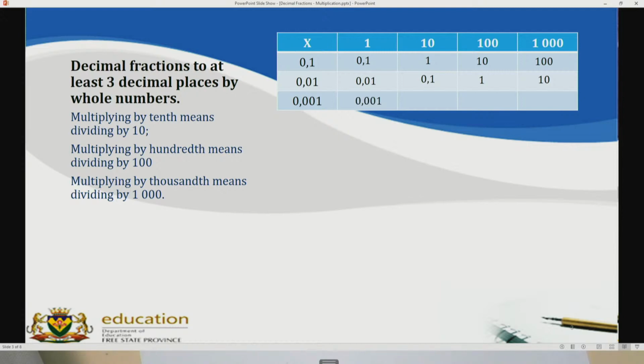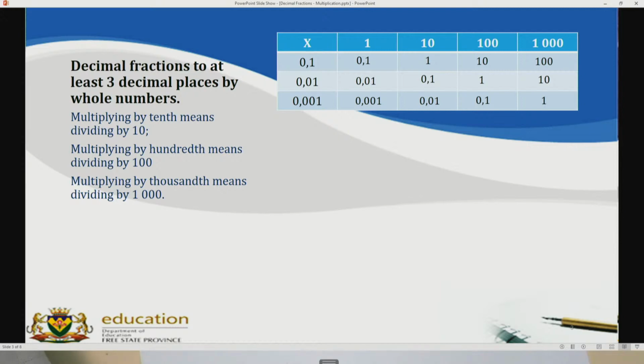And then multiply by 0,001, which is thousandths, multiplied by 1, means that by 10, it will be 0,01, and then by 100, it is 0,1, and then by thousands, it will give us 1.